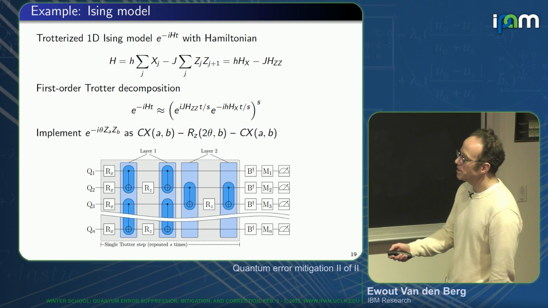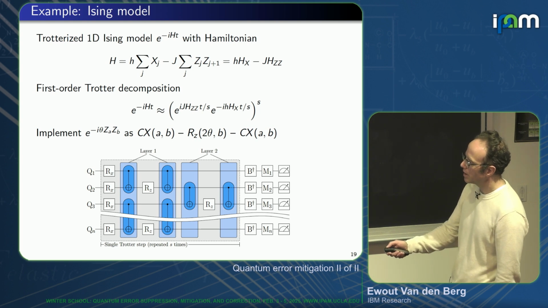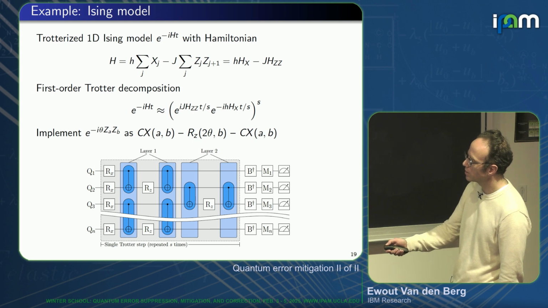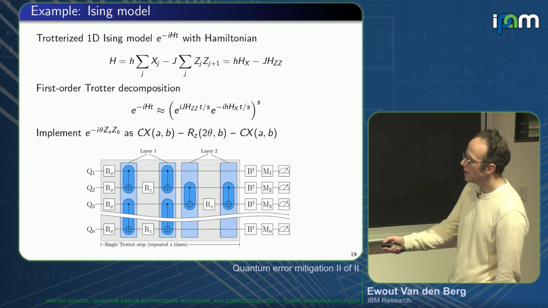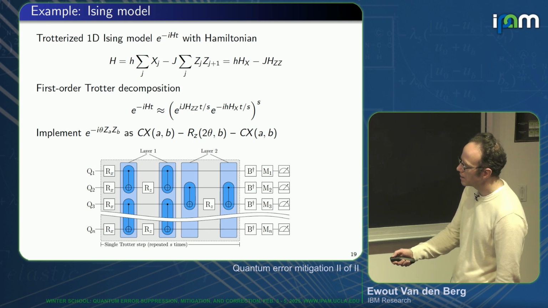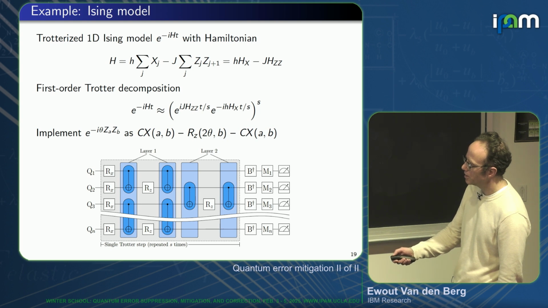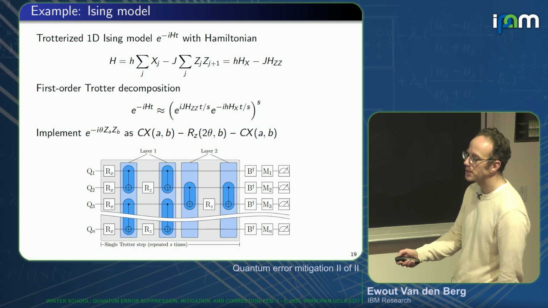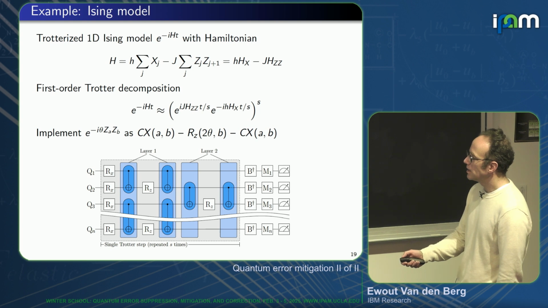To implement the ZZ gate, you can apply a CNOT on A B, then a rotation on the B qubit, and then again a CNOT. So for a single pair, you can write that as this combination: the first CNOT, the rotation, and then the second CNOT.